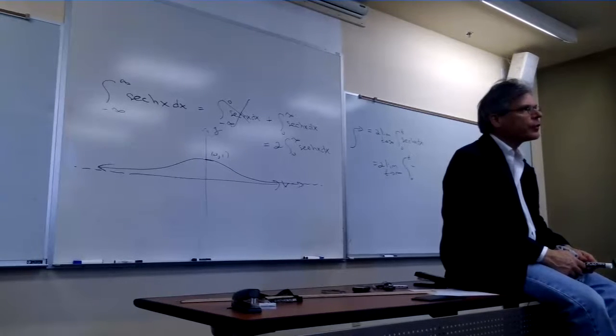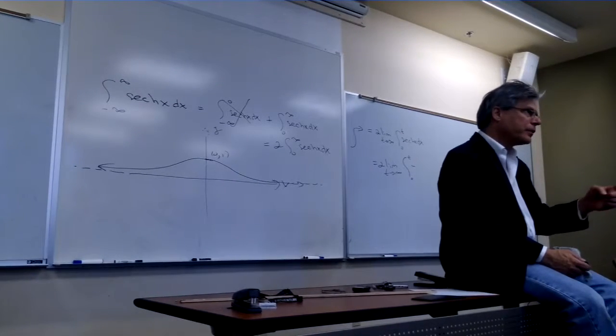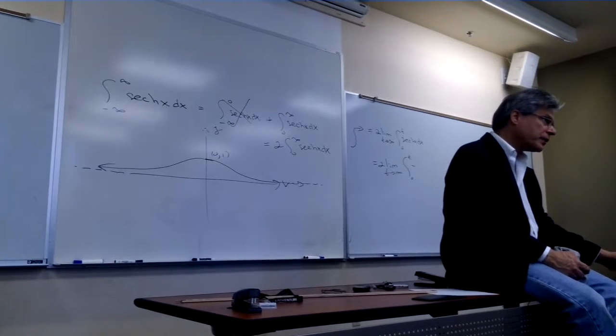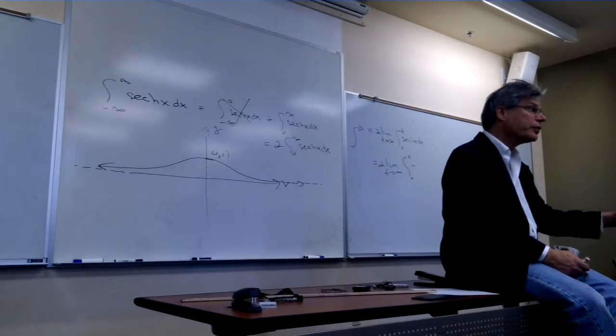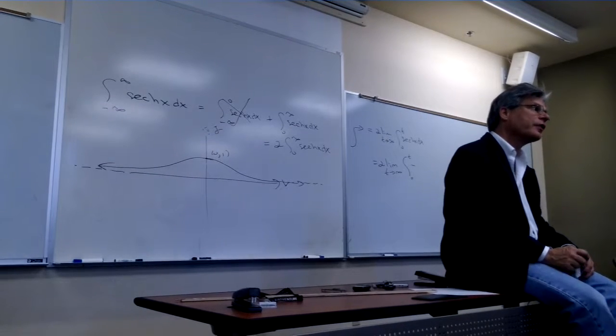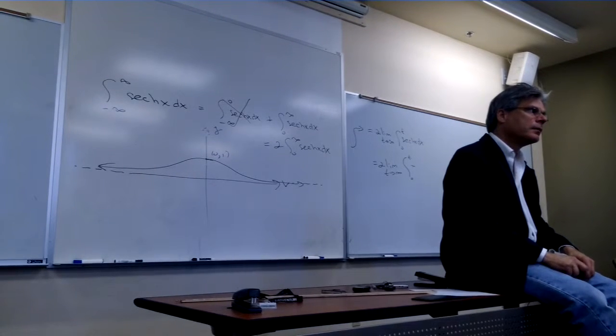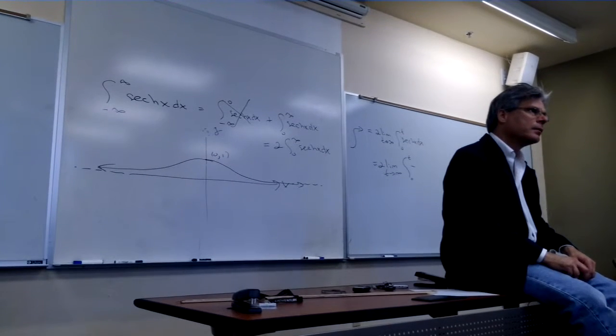Shoot, you know what? It doesn't work. No, because when it comes to differentiating tangent, you don't get a sign change. But when it comes to differentiating hyperbolic secant, you do get a sign change. Unfortunately, so it doesn't work. It does fall apart. What if you put a minus in there?